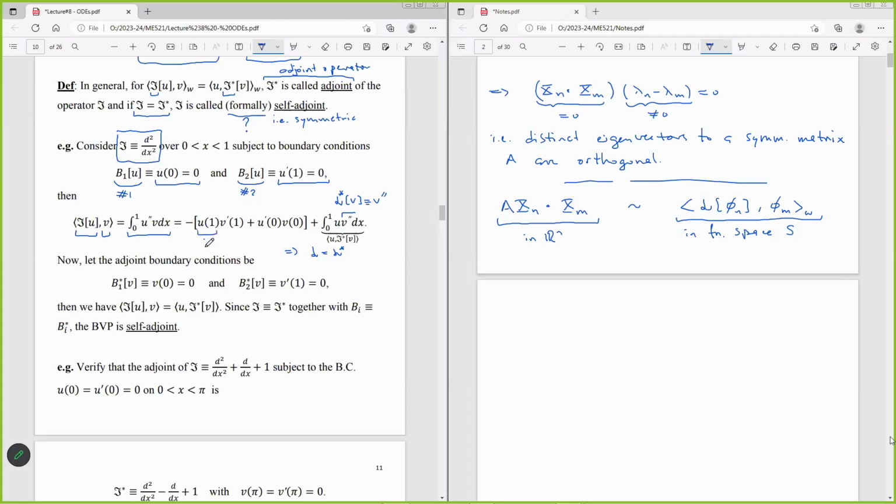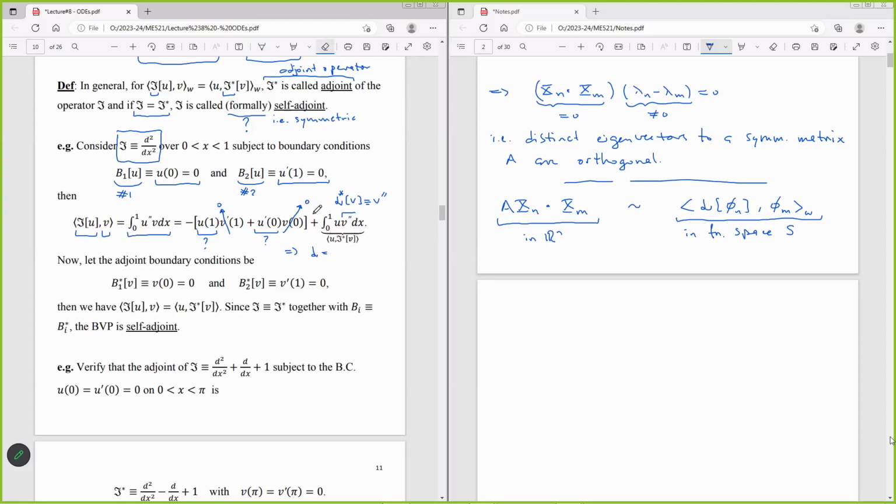That's not given. U prime at 0, we don't know this, right? It's not given. But we can make some assumptions, okay? The assumption is this. Because we want this to be 0, this must be 0, and this must be 0. Okay? So which means your L star comes with B stars.